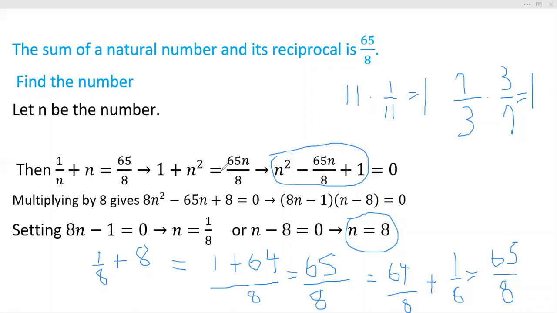Multiply by n to get to this step. Get everything on one side and set it equal to 0, which is often a good strategy when you're solving equations. Then you could solve it directly from here using the quadratic formula, but I prefer multiplying through by 8. You get an expression that's pretty easy to factor. Factoring is a great idea because you can set the individual factors equal to 0. All right, hope that helped.